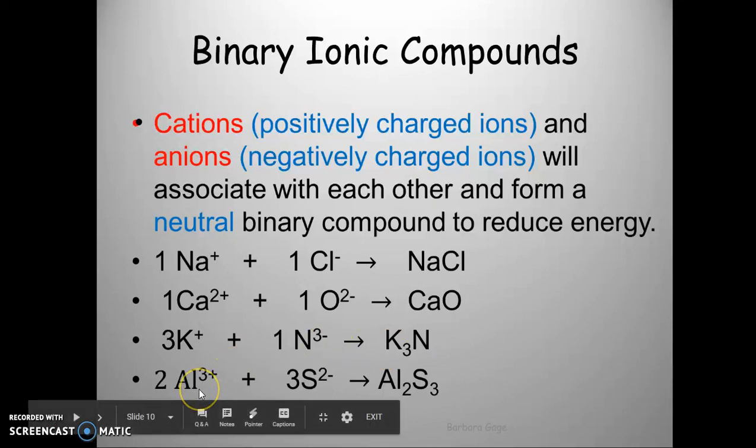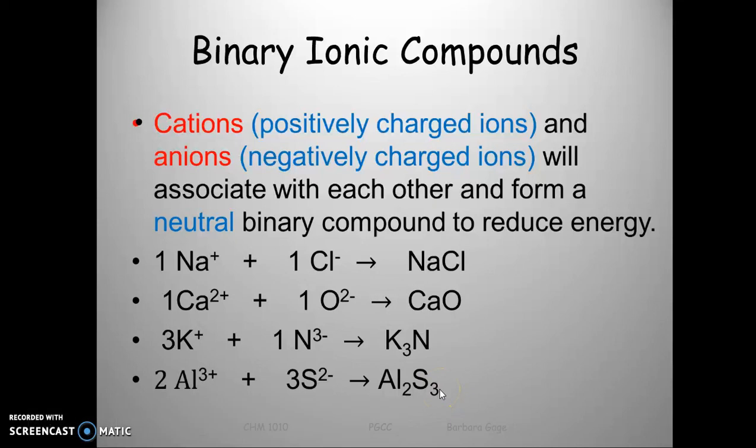We can do another example here. So aluminum, which is 3+, sulfur, that is 2-. Notice aluminum has taken the 2 on the charge from sulfur, and sulfur has taken the 3 on the charge of aluminum. Now, in order to do that, we know the law of conservation of matter, we can't create or destroy anything.